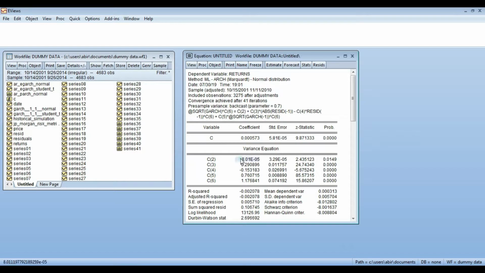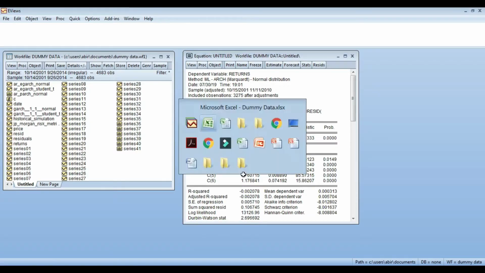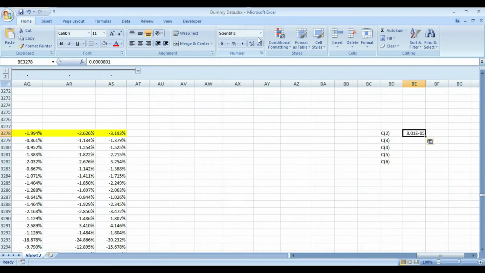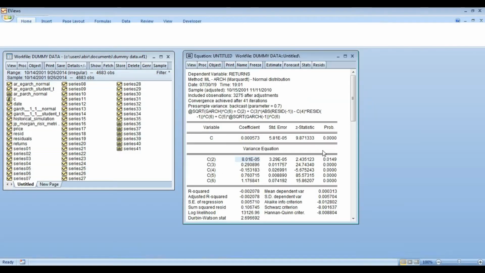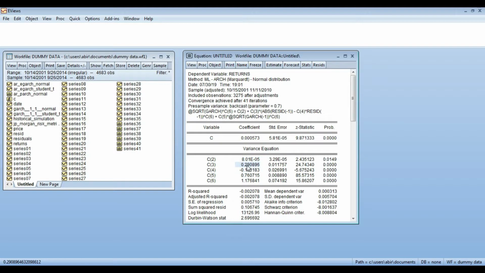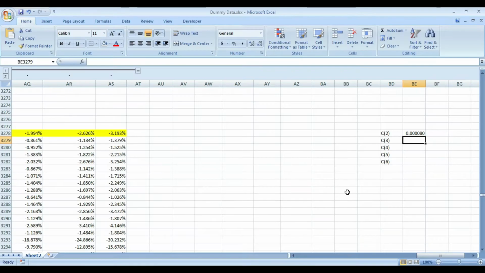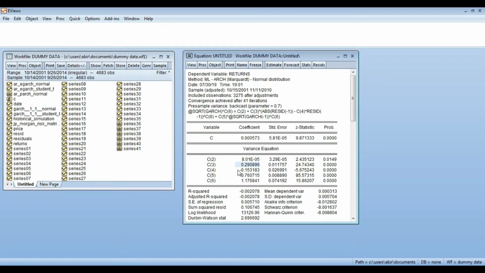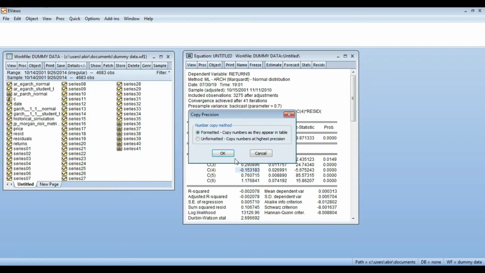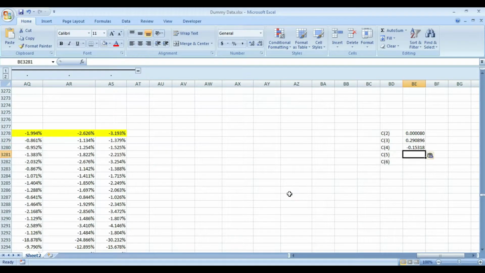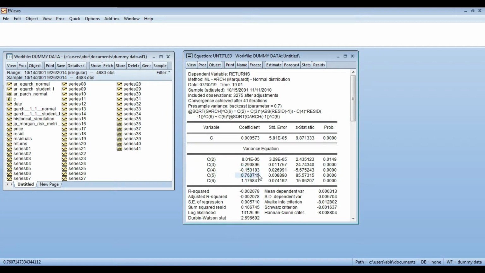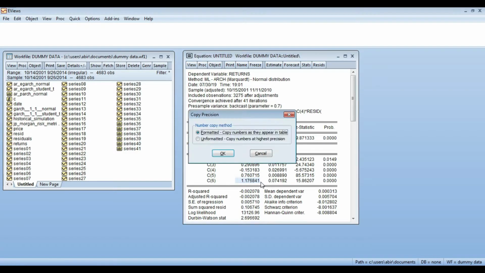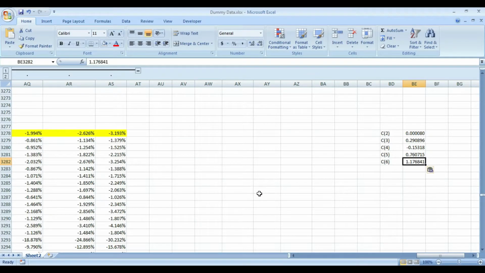So C2 is this, make this as number, C3 is this, paste it, C4, C5 and C6, right?